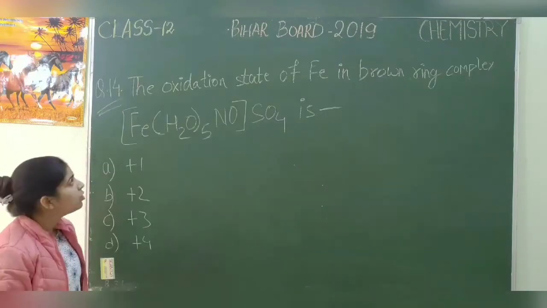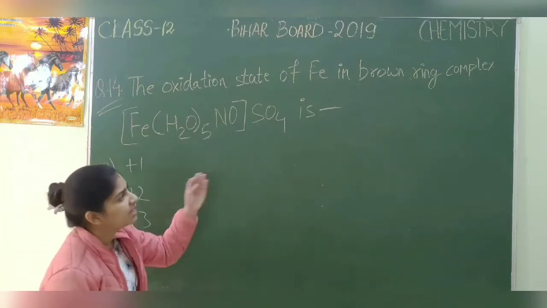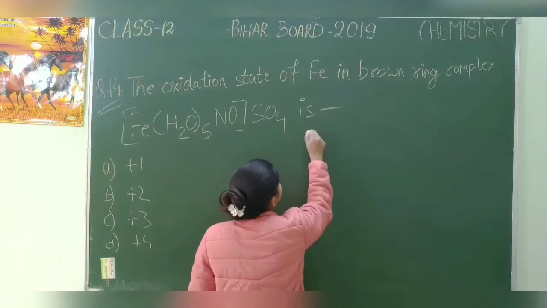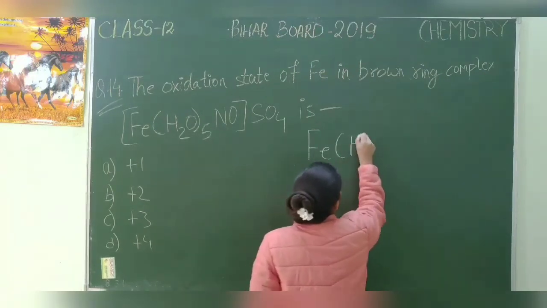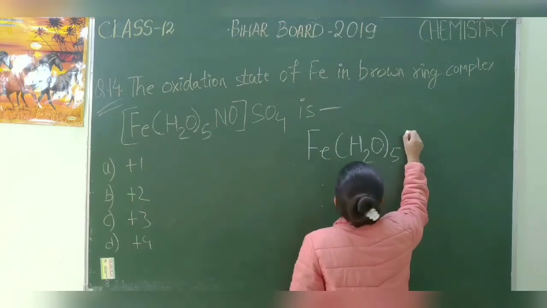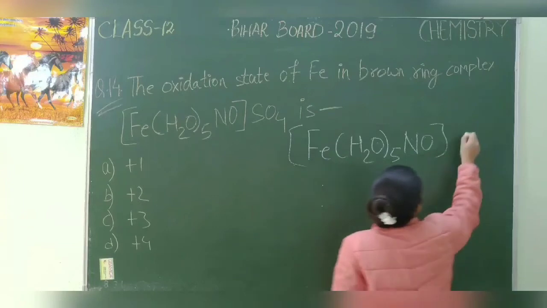Now come to next question, that is the oxidation state of iron in brown ring complex, that is [Fe(H2O)5NO]SO4.